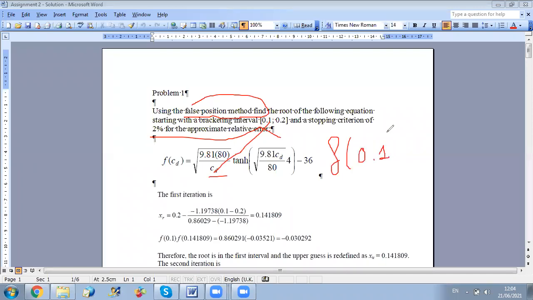and replace CD by 0.2 to get f of 0.2. In this way, we can verify that they will have opposite signs. So we will have a root in this interval, a minimum of one root, okay? But as I told you in this course, we will work on finding just one root, because if you have several roots, you can find them using this technique, okay?